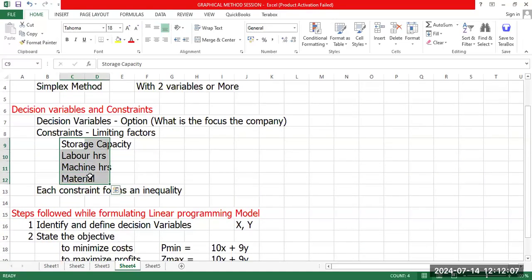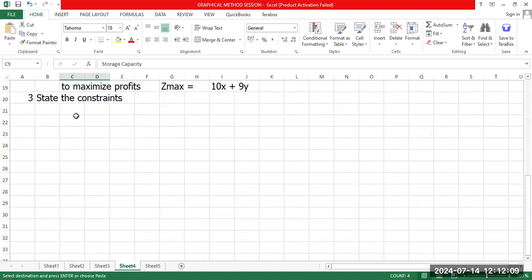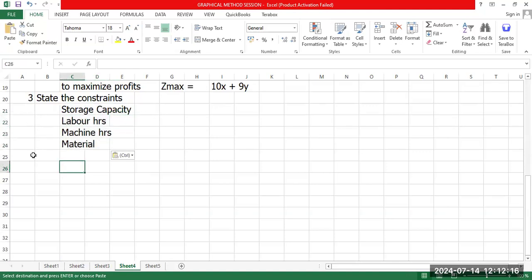So this can be your constraints. As we are going to see moving forward, you have to state those constraints so that they can help you to form your equations.